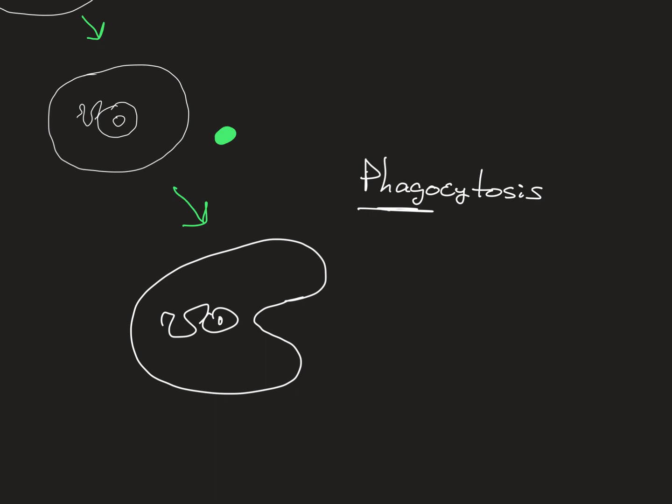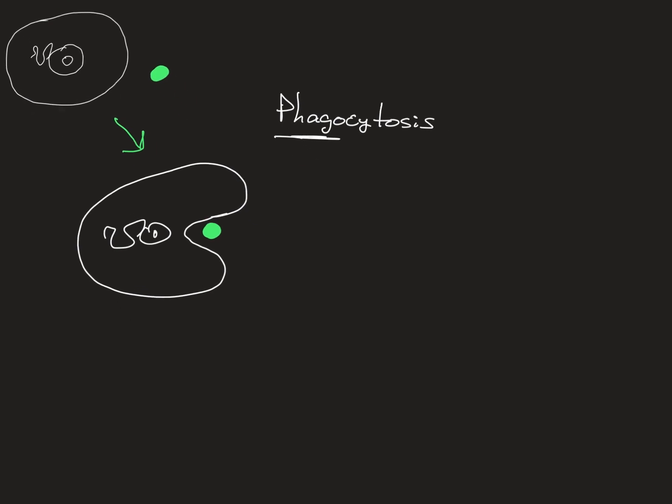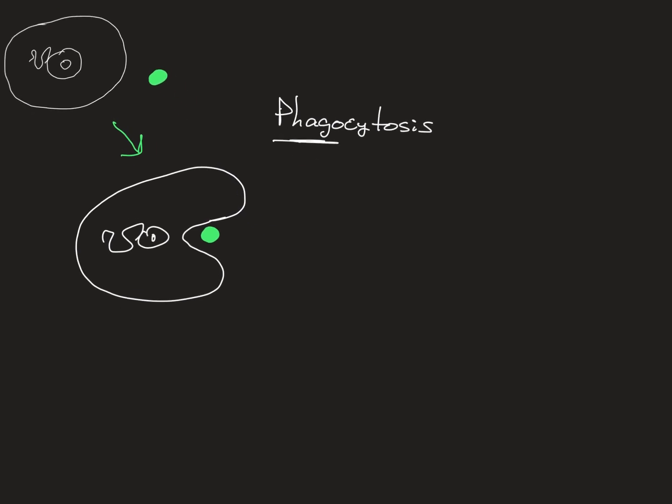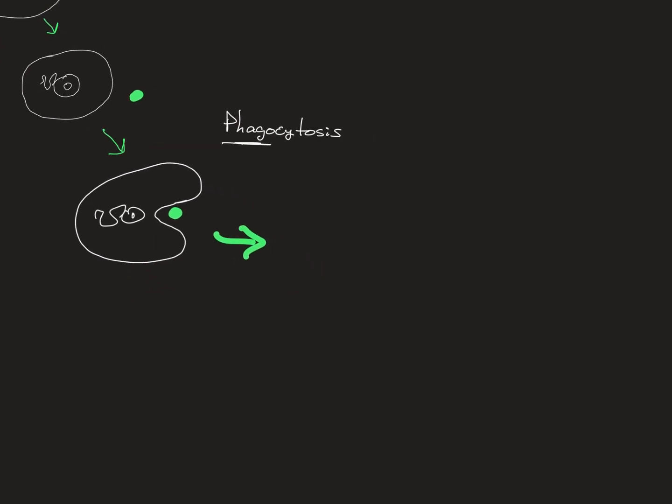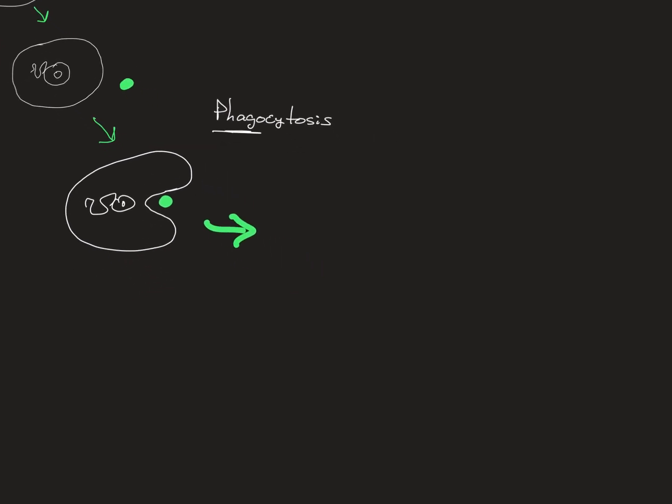In order to be able to get it to surround. It's surrounding it. And then finally, in one of its last steps, it's going to bend and absorb it, right? It's going to have it inside itself.